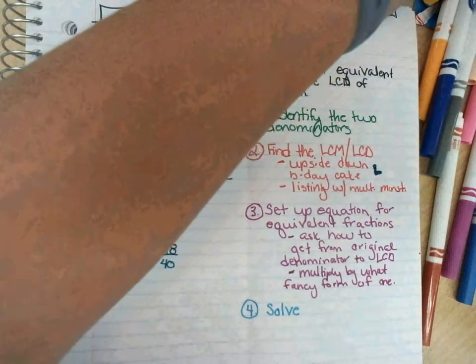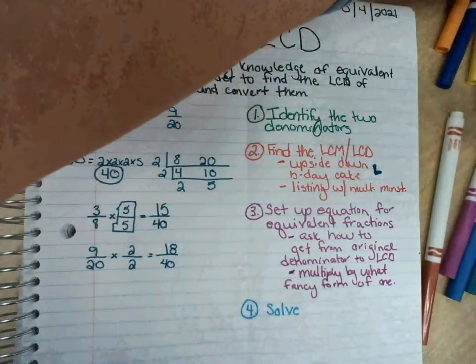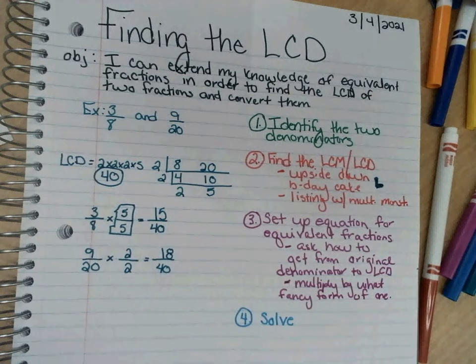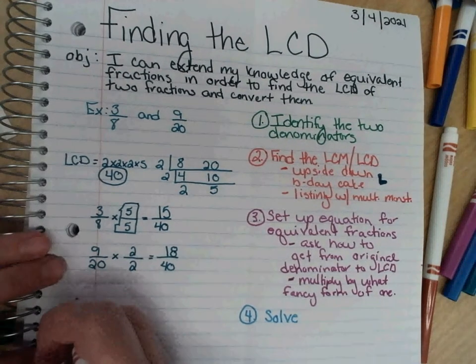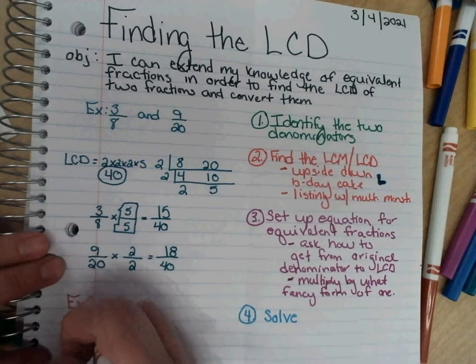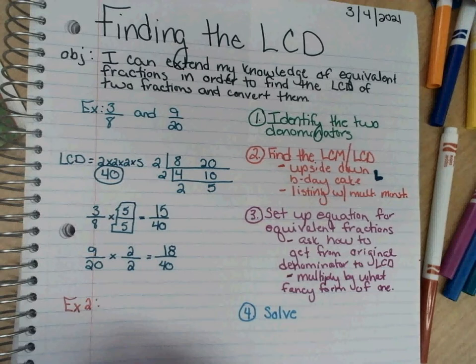So let's look at another example. Get a little different color here. Another example. So I have example number 2, and that was example number 1.